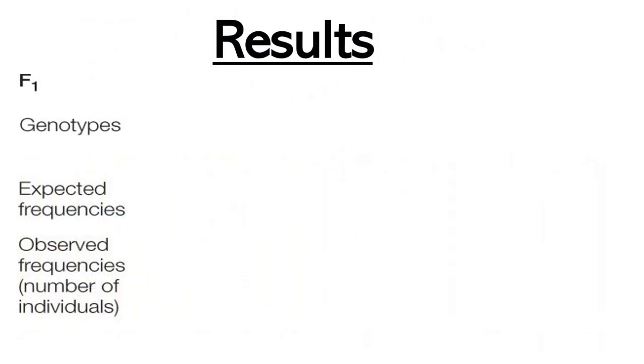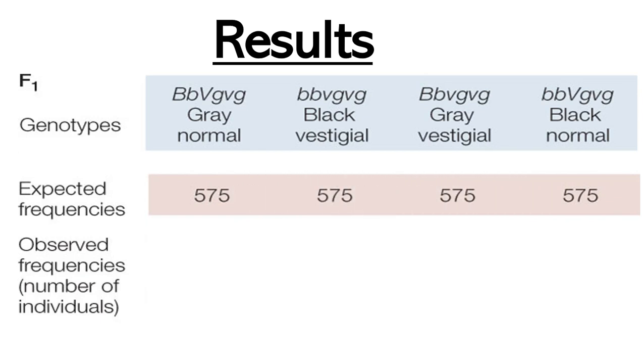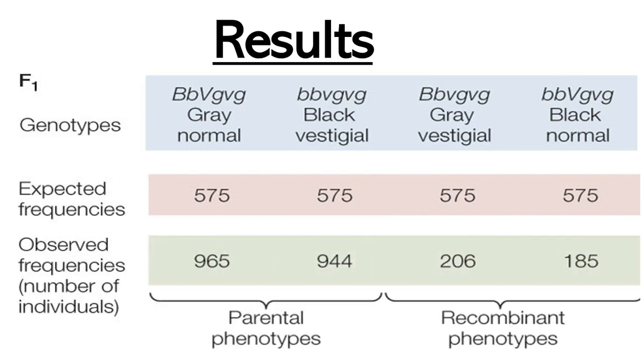In the results, we have four phenotypes: gray normal, black vestigial, gray vestigial, and black normal. We expect the frequency to be 575 for each, but the observed frequencies are 965 for gray normal, 944 for black vestigial, 206 for gray vestigial, and 185 for black normal.